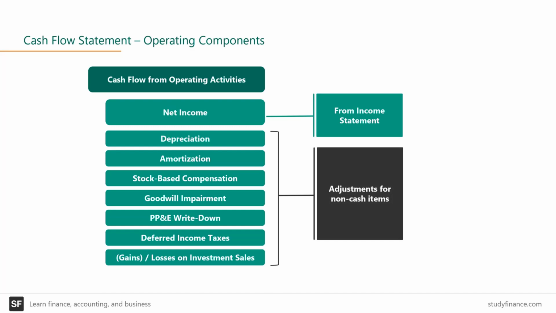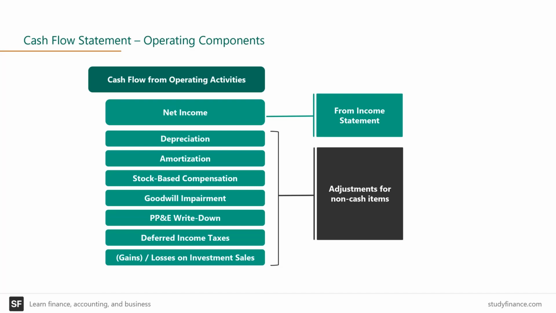All of these items will be added back to the cash flow statement except for the effects on investment sales. Gains will be subtracted and losses will be added as no cash was exchanged. The cash inflow from any investment sale will be accounted for, but under cash flow from investing activities instead.